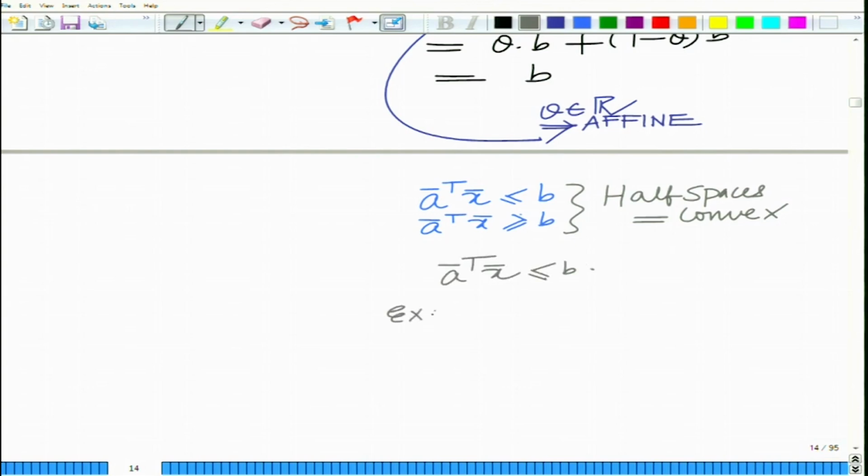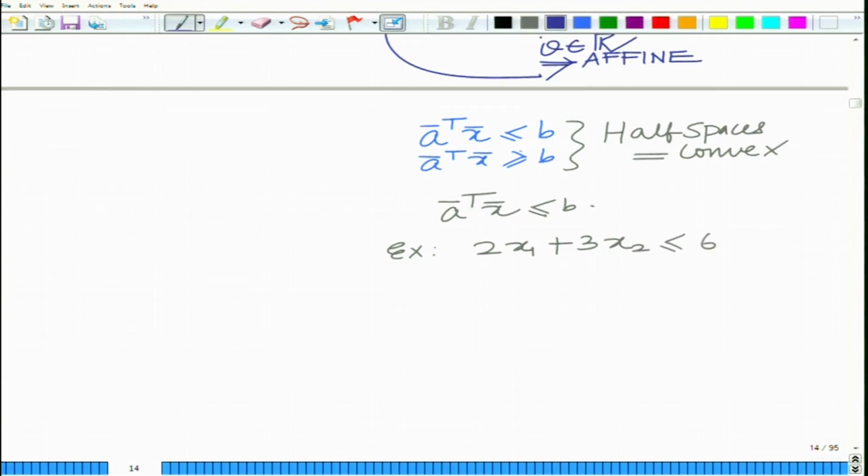For example, you have 2x1 plus 3x2 less than or equal to 6. You also have the other half space, that is 2x1 plus 3x2 greater than or equal to 6, which basically implies, if you take the negative, minus 2x1 minus 3x2 less than or equal to minus 6.